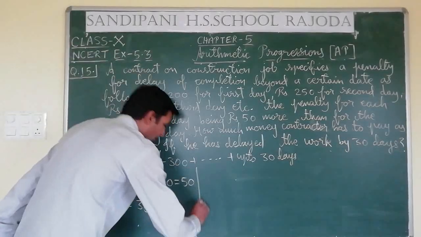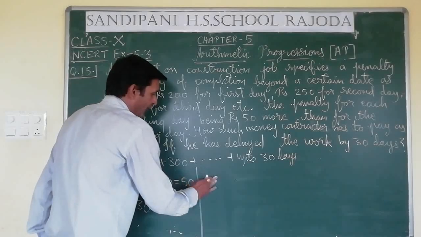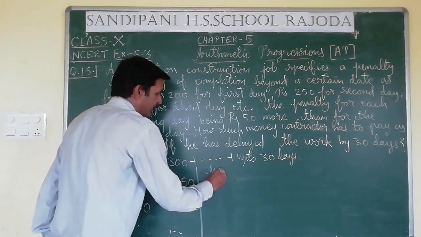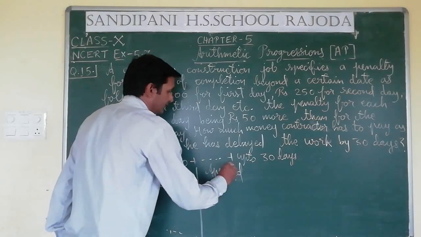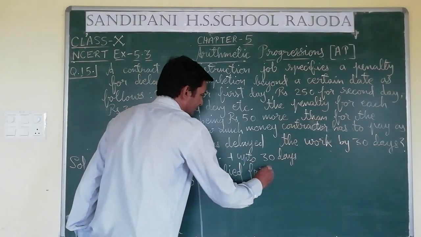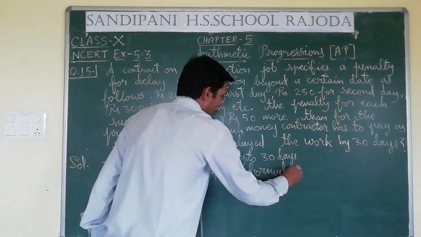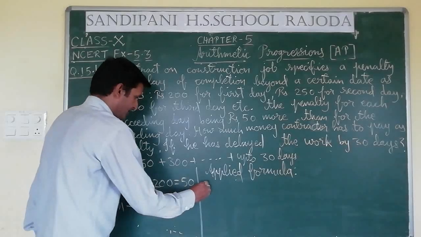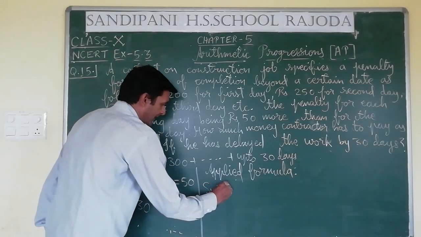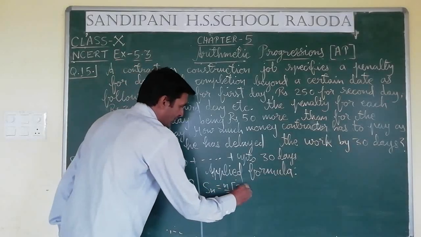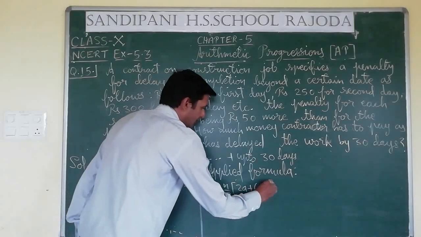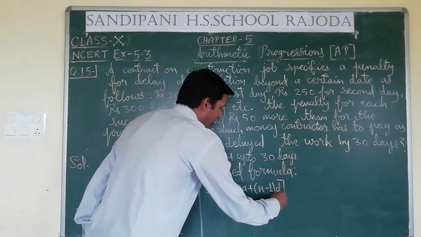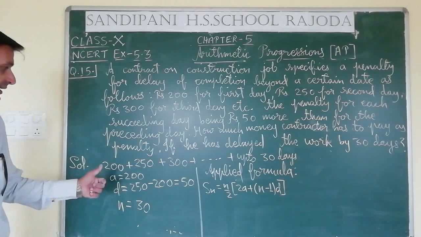Now sum of n terms, applied formula for sum of n terms. It is sum of n terms is equal to n by 2, 2a plus n minus 1 into d. Here we have to put the value of n, a and d.